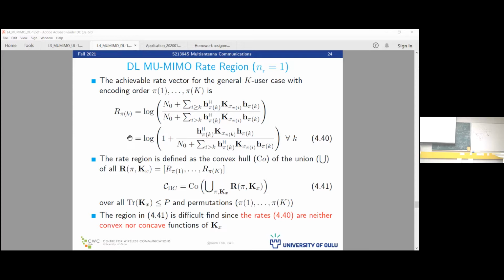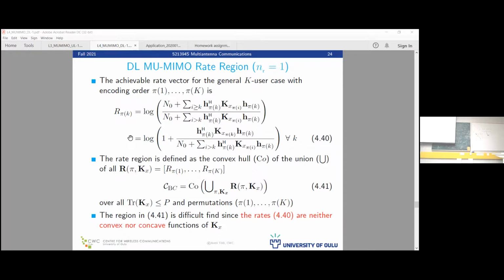Right. This is for a given order, a given transmit covariance matrix. Now, in principle, we could have an exhaustive search over all possible encoding orders, and for each fixed encoding order, all possible feasible power allocations.